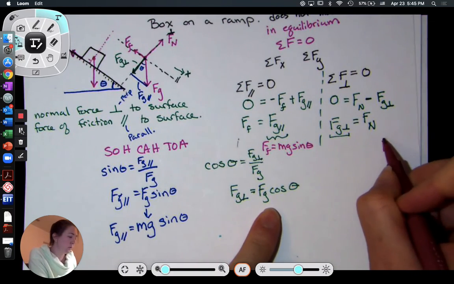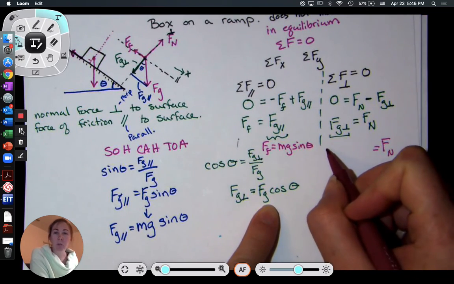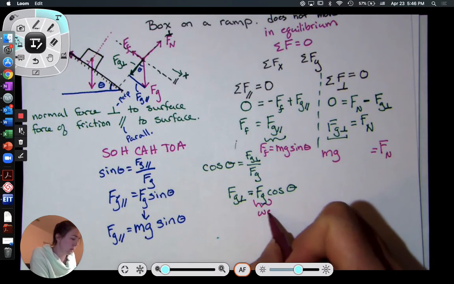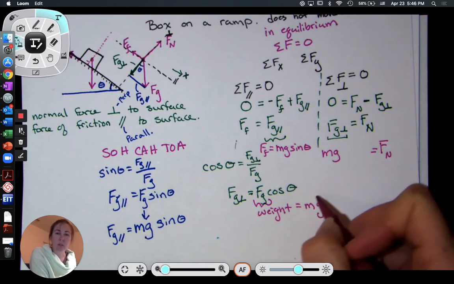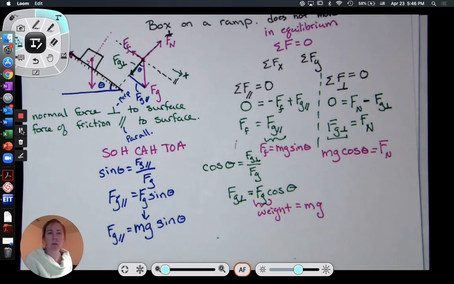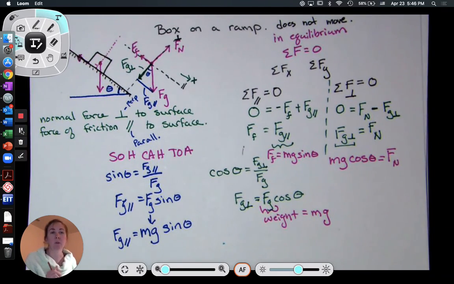So the normal force is Fg, or mg. Remember, the force of gravity is just the weight, which is the mass times the gravitational field strength. So that's going to be mg cosine theta. Okay, I'm going to have you guys do a problem like this for your work for today.